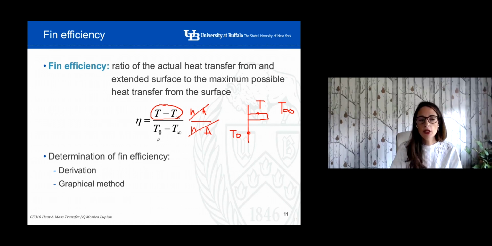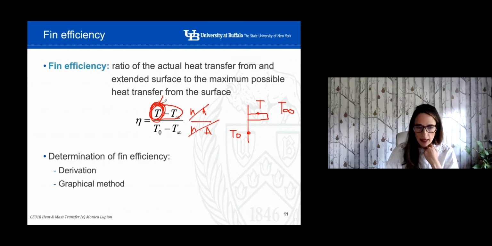Usually this temperature here is very tricky to get to know. Therefore, we're gonna find a different way to calculate the fin efficiency without knowing this temperature, because as I mentioned, it's gonna be a little bit difficult to get. I'll show you in a minute why.